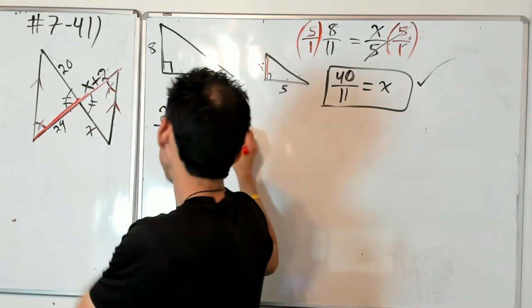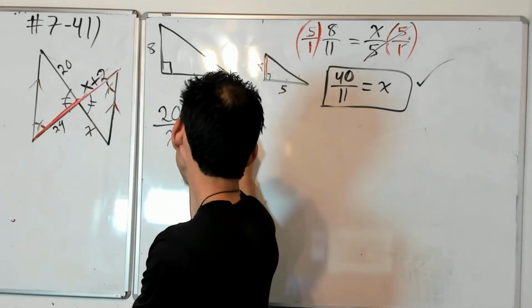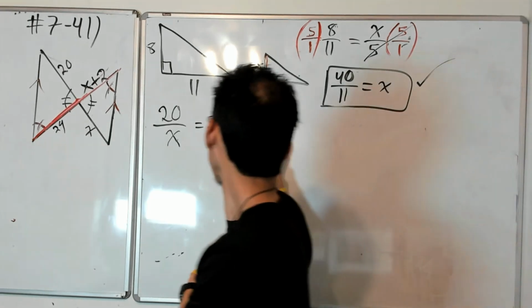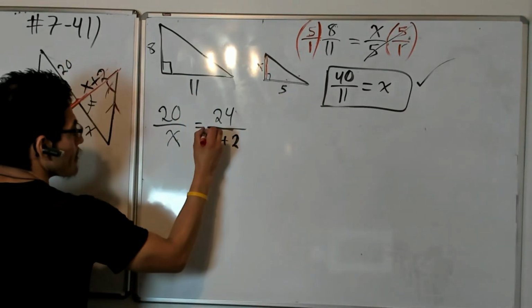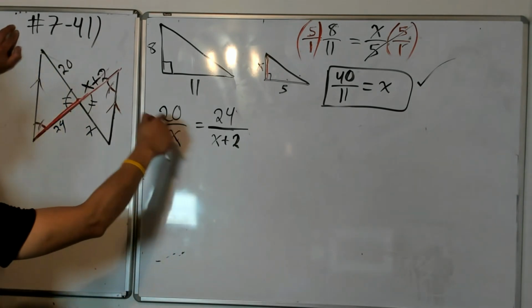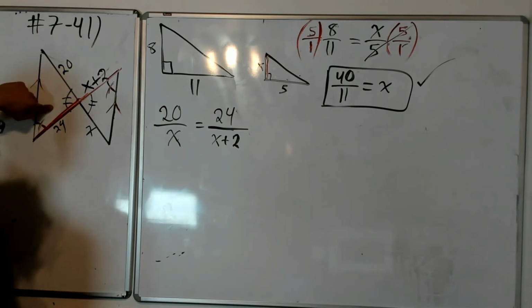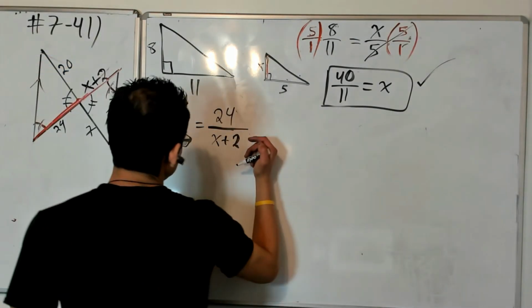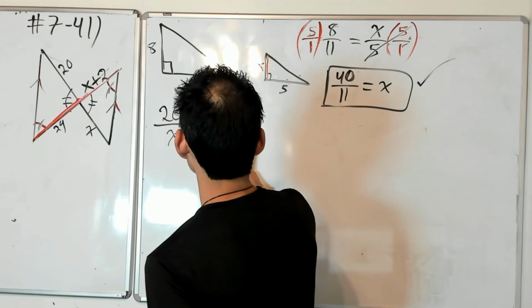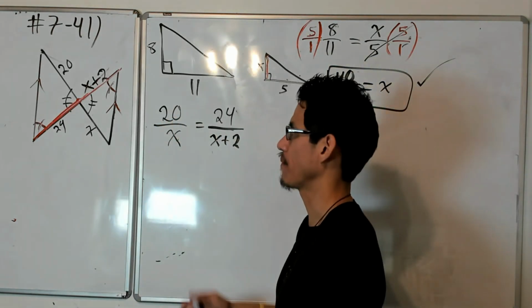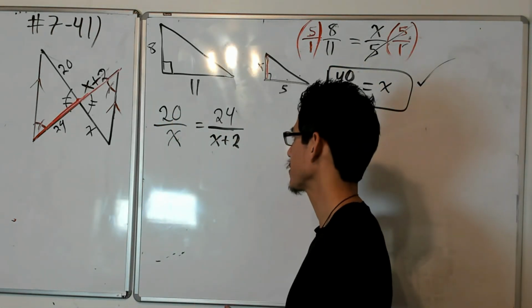Or I can also do it the other way around. I can do x plus 2 over 24 equals x over 20. I did it this way just to make the problem a little more fun for my math students because I like them to practice their fractions, and this is something you need to be very good at.